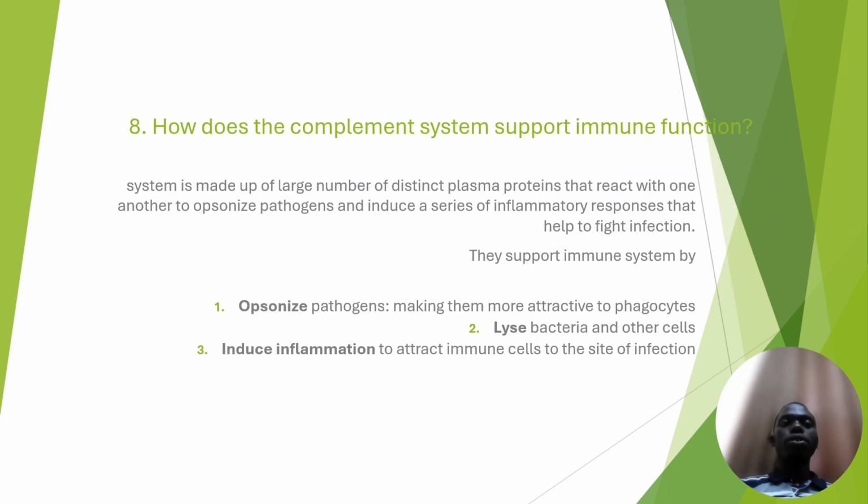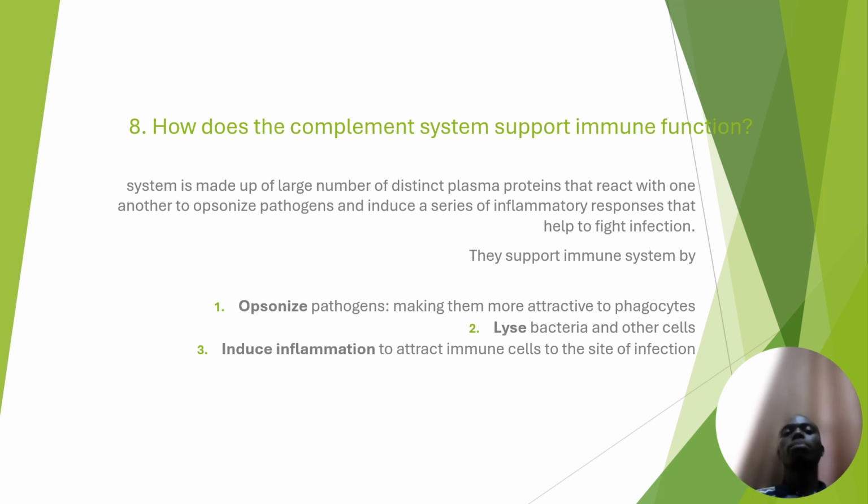Question 8 was asking how does the complement system support immune function? Firstly, the complement system is part of the immune system, composed of many plasma proteins which react to one another.